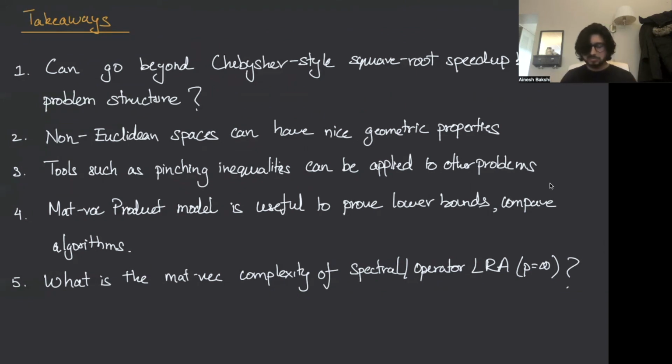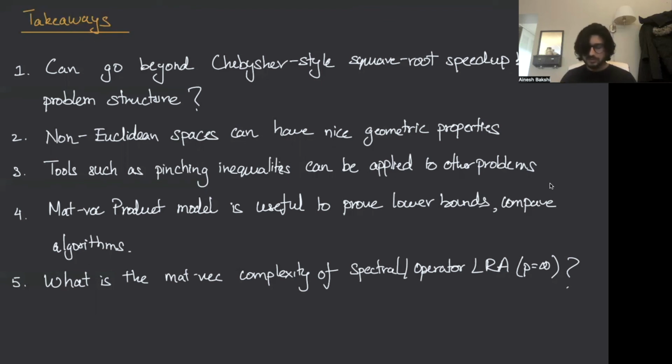Sometimes non-Euclidean spaces can also have nice geometric properties, like approximate Pythagorean theorems, even if they don't satisfy the Pythagorean theorem exactly. And we can use these to our algorithmic benefit. Tools like pinching inequalities for operators can be applied to other problems. Our tools are fairly general, and we provide a bunch of new such tools from linear algebra.